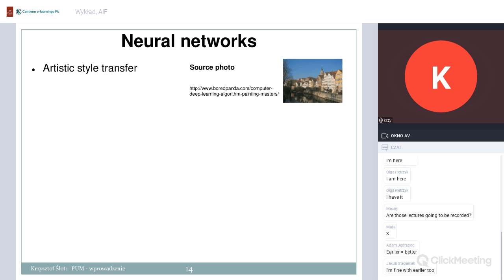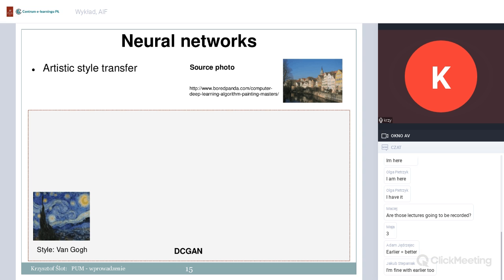And the artistic style here that is being used is a style of different famous painters. So the objective of the experiments was, for example, to repaint the picture that you see in the upper right corner using different artistic styles that were learned by a network.